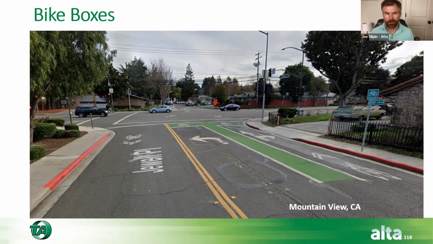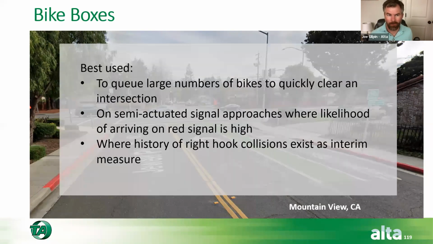And a bike box has the ability to store more bicyclists at the front of the intersection, and so you actually can clear an intersection more quickly using a bicycle box than you can without. And so that is another good use for using them.